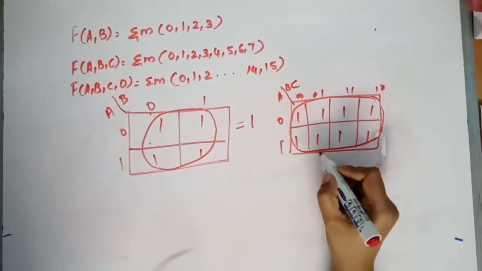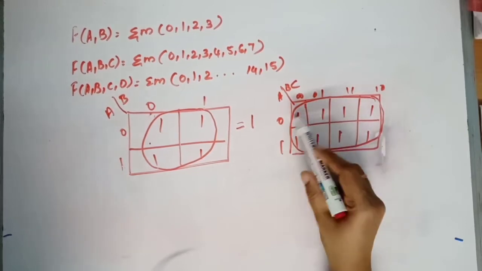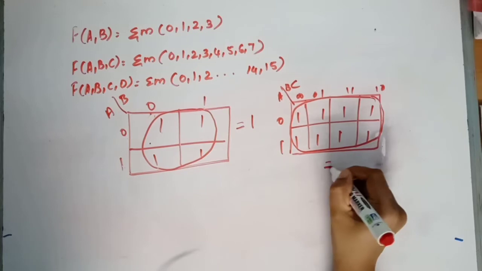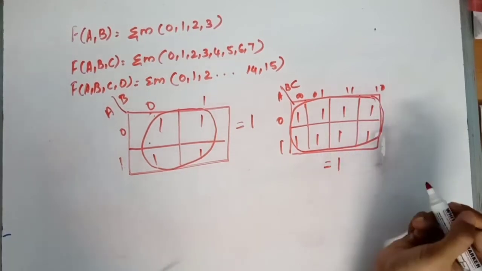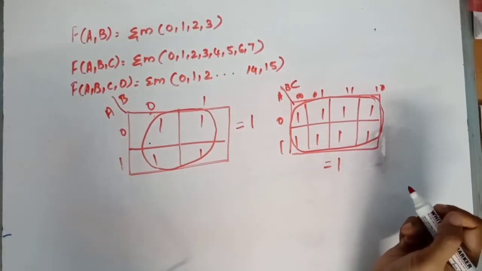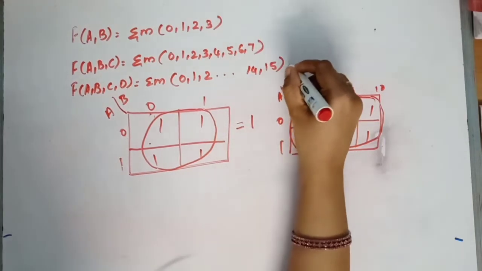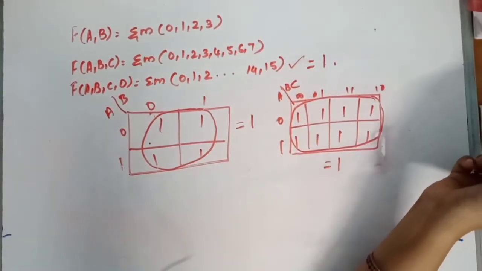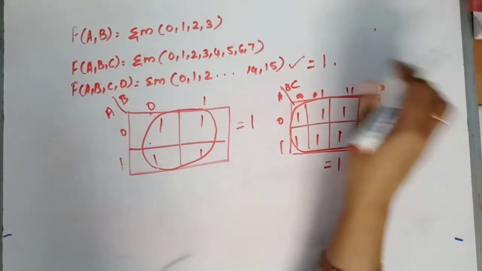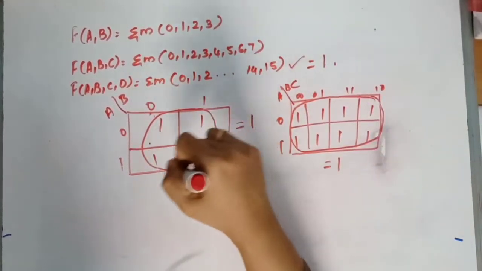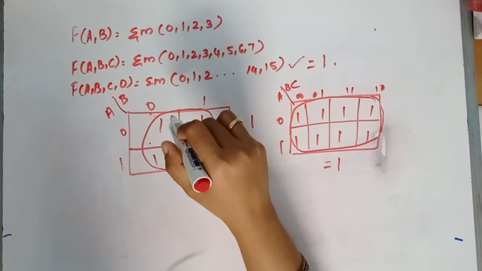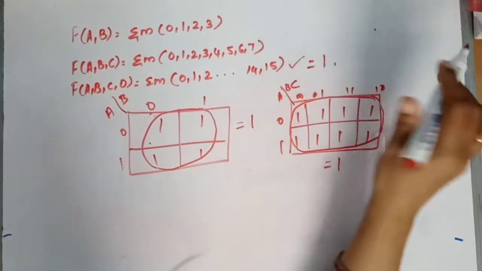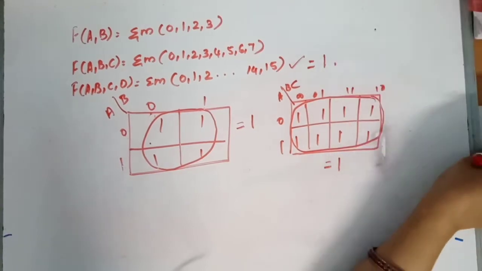So in this case also, output is 1 whatever the input. So here also the output is equal to 1. Similarly, in this case also the output is equal to 1. So if you have all the cells equal to 1 in a particular Kmap, then that means that the output is 1 irrespective of the input.